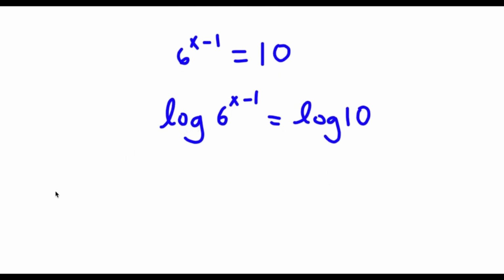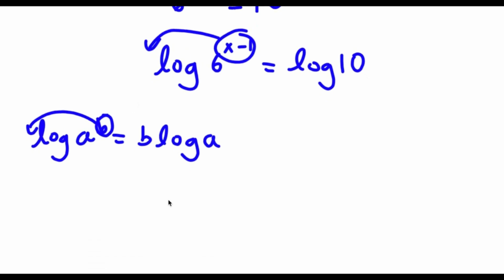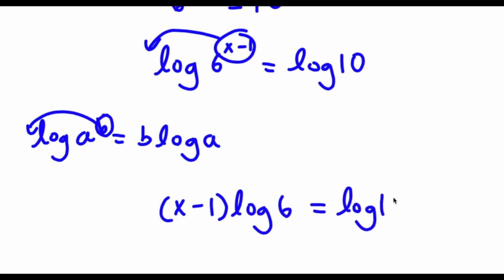So an important property of logarithms is that if I have something in the form log a to the power of b, I can move this exponent b to the front. So this is going to equal b times log a. So in this case, log 6 to the power of x minus 1, I can move x minus 1 to the front. So this is going to equal x minus 1 times log 6, which is equal to log 10.